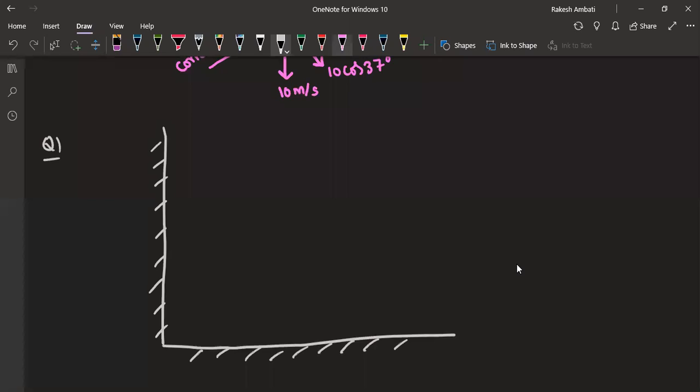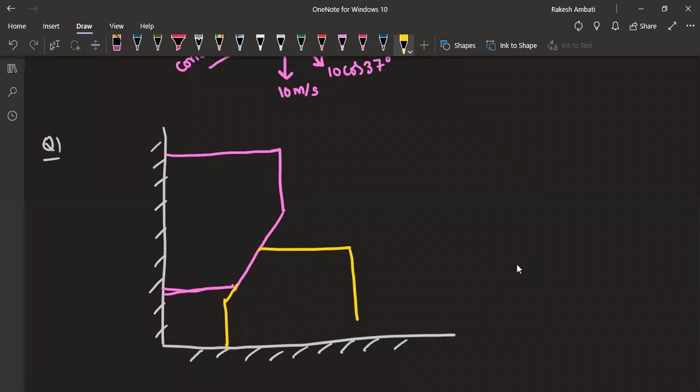And here it is a body, and here we have another body. So like this, we have two different bodies.